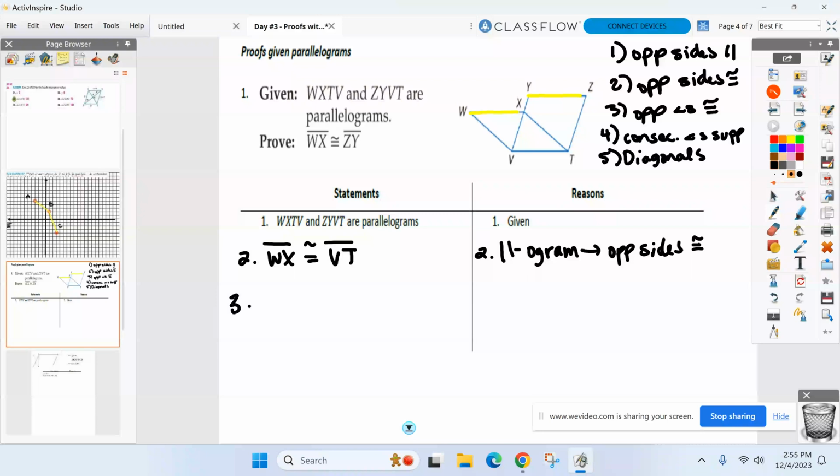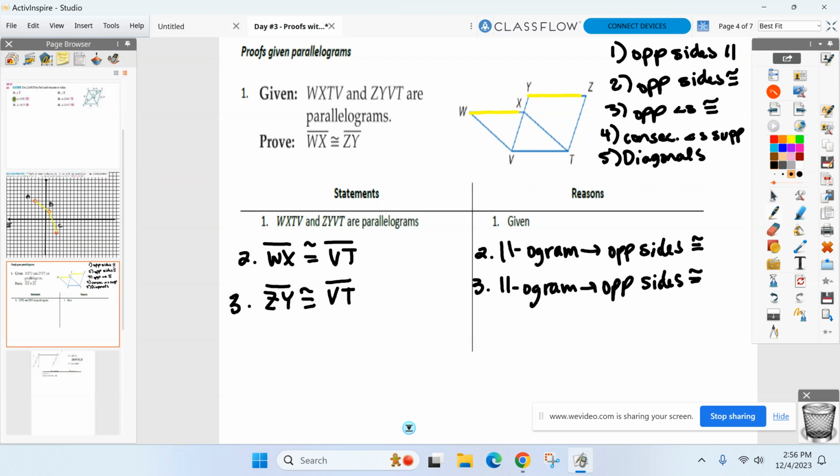I'm going to take ZY, the other segment in the proof statement, and take a look. ZY also has to be congruent to VT using the same reason. Again, I could have put both in the same statement because I have the same reason, but I just wanted to make sure you guys saw what was happening.